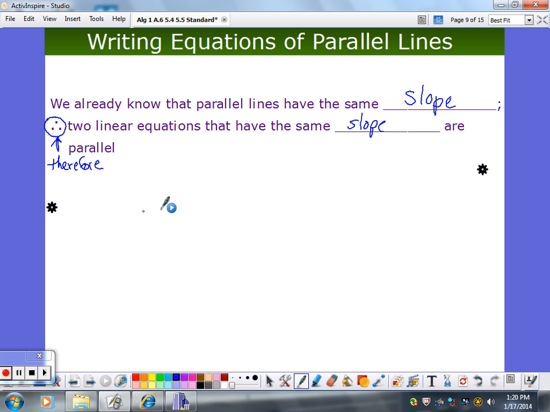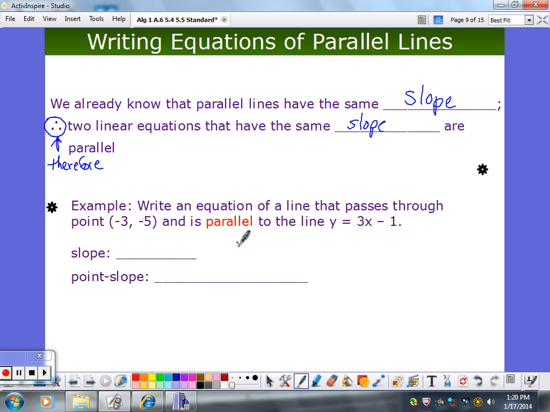Right, slope. Okay, so for example, now these are very common questions. You not only see them in Algebra 1, they're all over geometry as well. So if you get it now, this part of geometry is a snap. And this will be a snap here too. We're going to write an equation of a line that passes through point -3, -5, parallel to this other line. Now, let me just draw a picture to show what I'm actually asking. These are meant to be the axes. A little crooked.